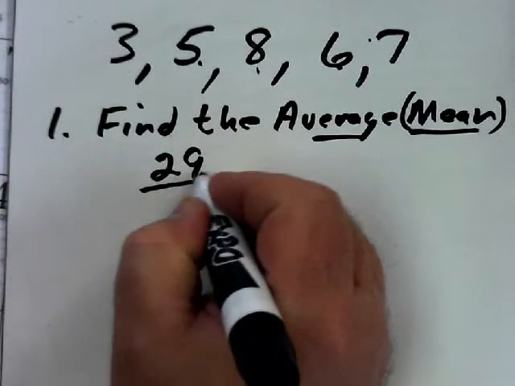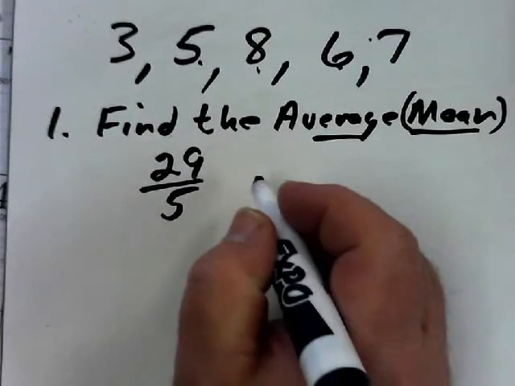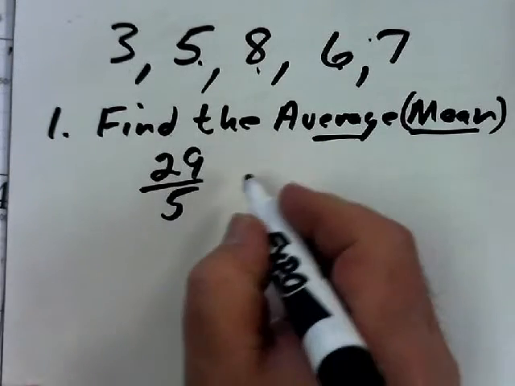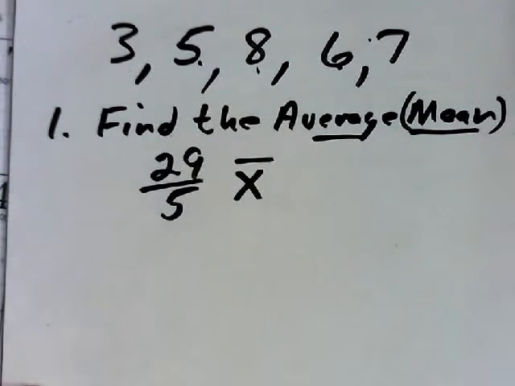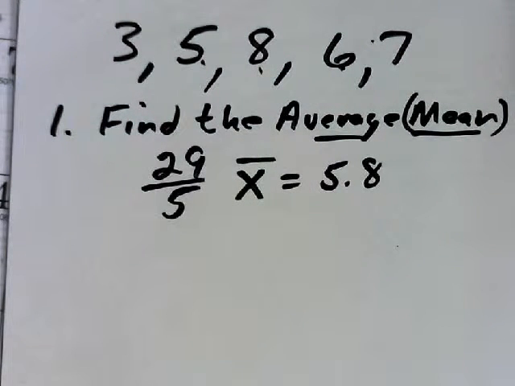And I'm going to take 29 and divide it by 5. As I said, today you need to have your calculators with you. What's 29 divided by 5? 5.8. Yep. So my average is equal to 5.8.